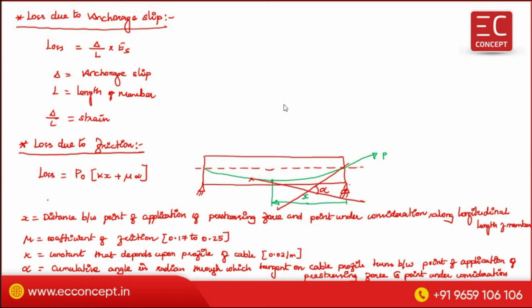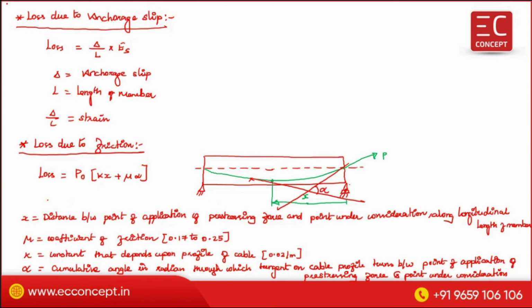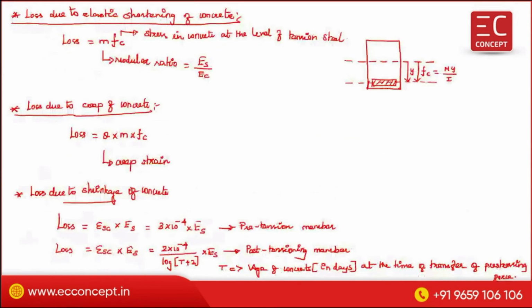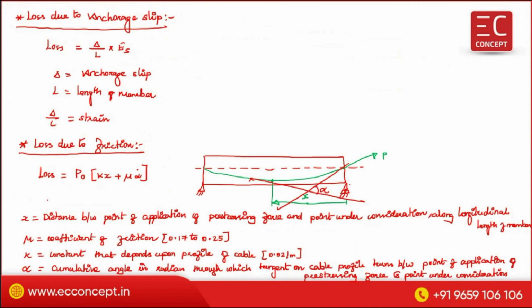Okay. Till now we have seen losses due to pre-stressing force. Now we are going to see some of the important points under pre-stressing, some of the codal provisions. So this is topic number 7. Now everything, K, x, mu, alpha, is fine, right?